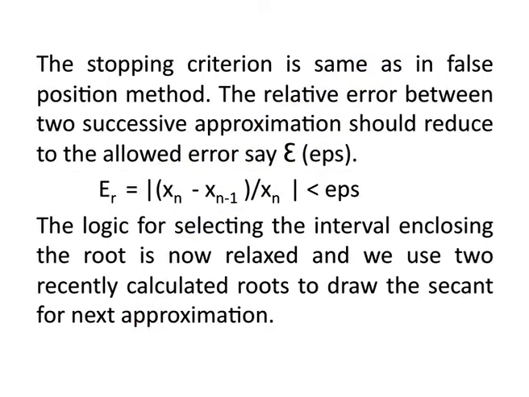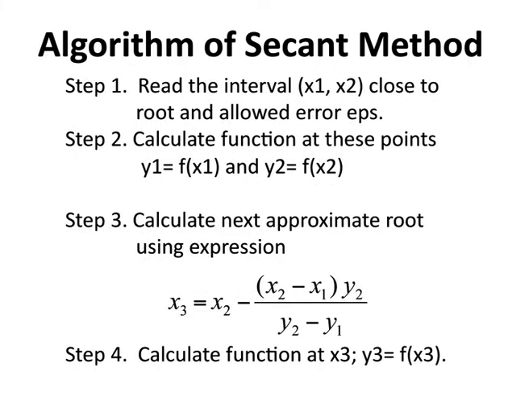The stopping criteria is the same as in the false position method. We will calculate the relative error in 2 successive approximations, and we will compare it with some small allowed error, and if this error is less than epsilon, then we will stop, otherwise we will continue with the iterative procedure. The algorithm of the secant method is very much similar to the false position method.